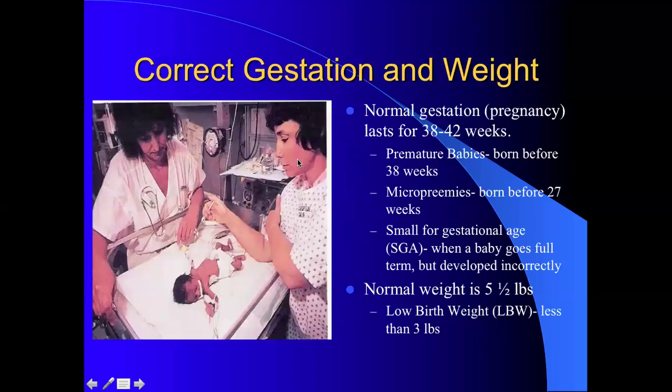Okay. So let's talk about how long proper gestation should be. A normal pregnancy or gestational period should be anywhere between 38 to 42 weeks, and we use the 40-week mark as the midpoint.